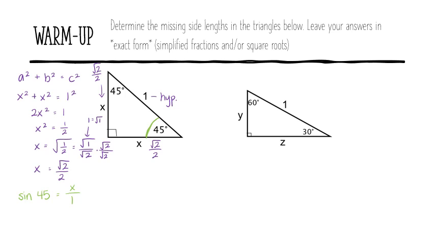So I'm actually saying that 1 times the sine of 45 is equal to x, or just sine of 45 is equal to x.